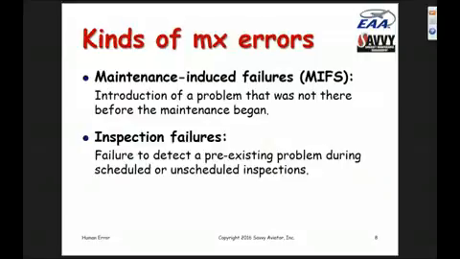And the other kind of maintenance error is the inspection failure. That is, when something is wrong with the airplane that should have been detected during a scheduled maintenance inspection, but is missed. And so we really have these two different kinds of errors. In effect, one an error of commission and another one an error of omission.